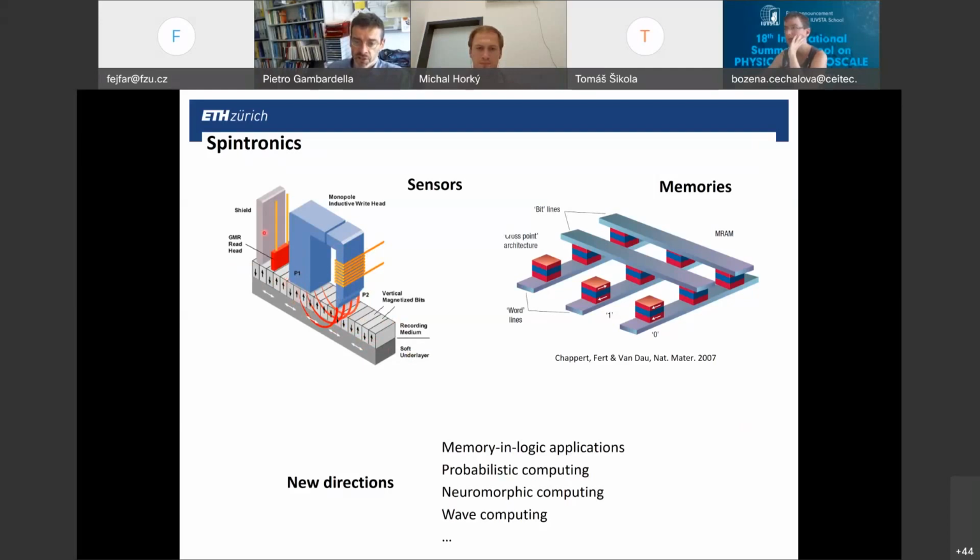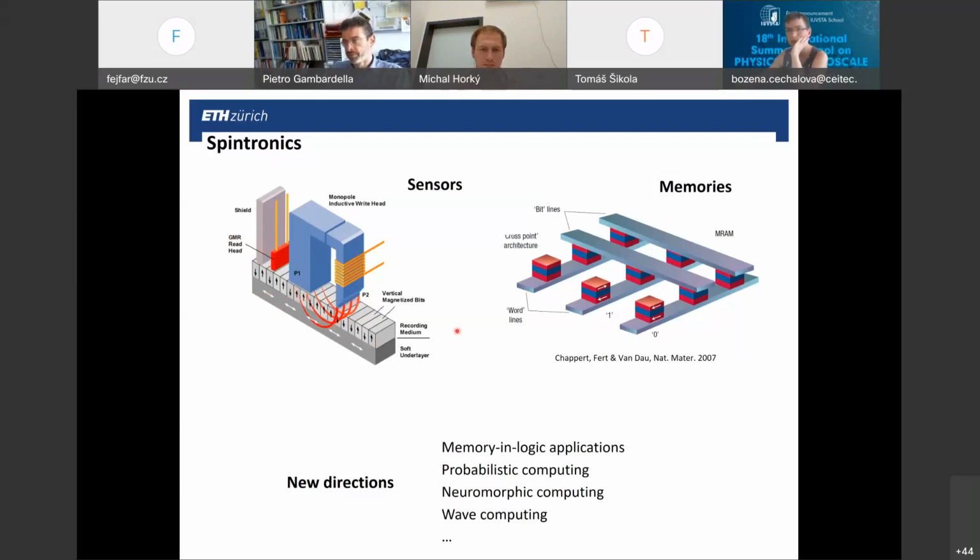And it can then be read by a giant magnetoresistance sensor or a tunneling magnetoresistance sensor.